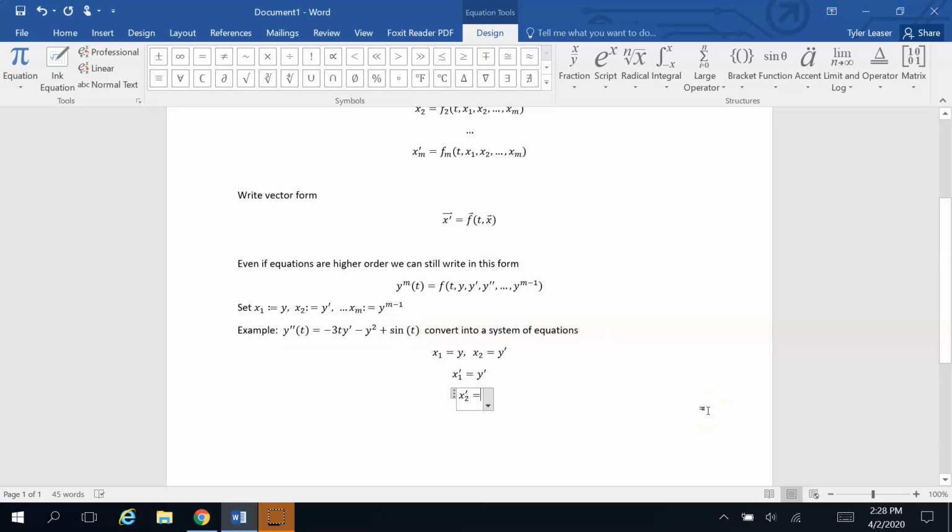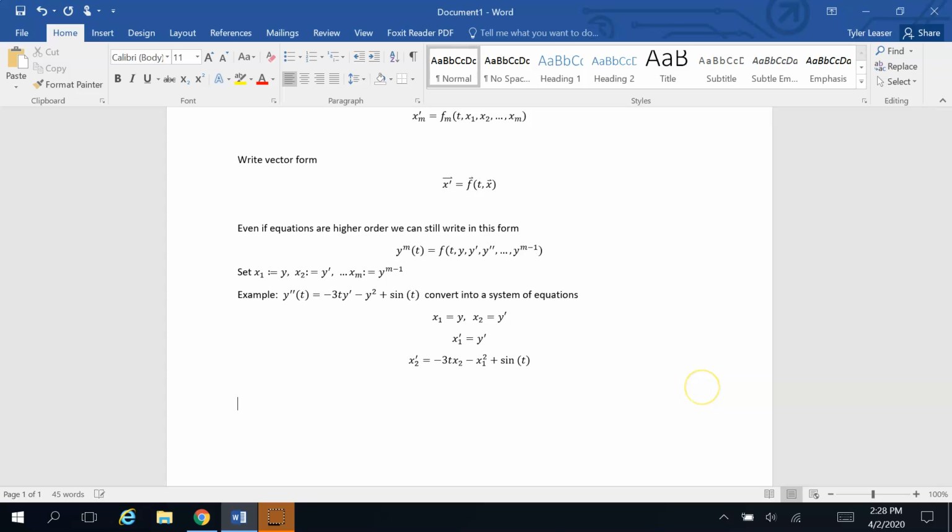So x sub 2 prime would be equal to negative 3t y prime, which remember is x sub 2, minus y squared, remember y was x sub 1, so x sub 1 squared, plus sine, and then the variable t is just the variable t. So these two equations together would now be our new system. And this system is the same exact thing as this equation.